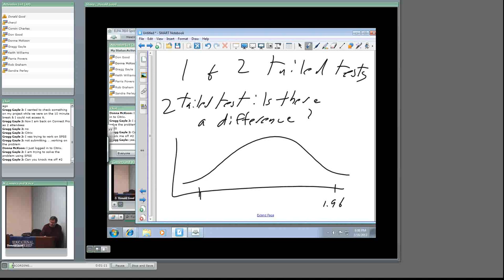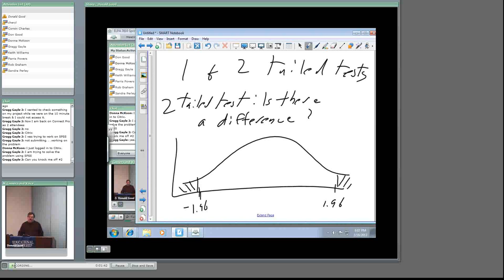If I ask, is there a difference, the difference can be one of two ways. If I'm comparing A and B, A can be higher than B, or A can be lower than B. That's why it's called the two-tail test.